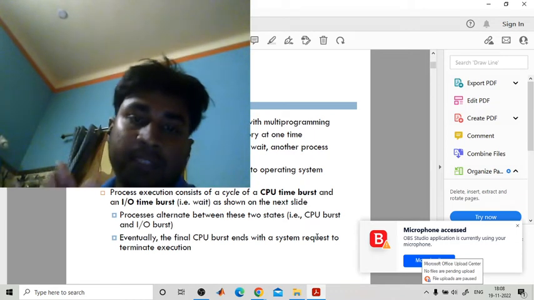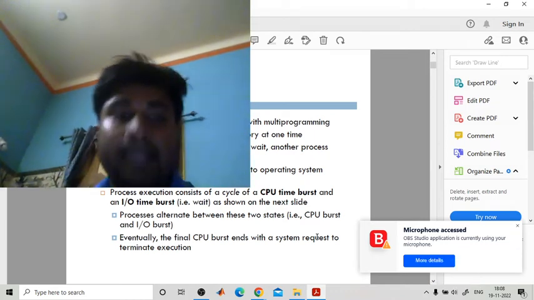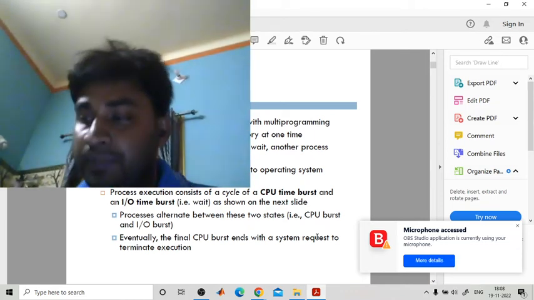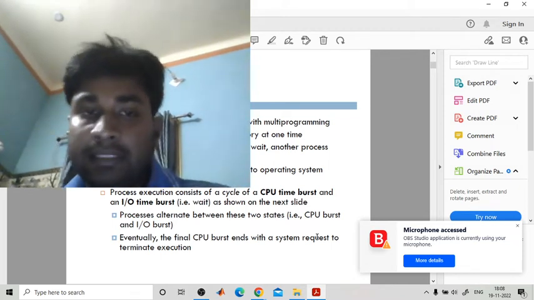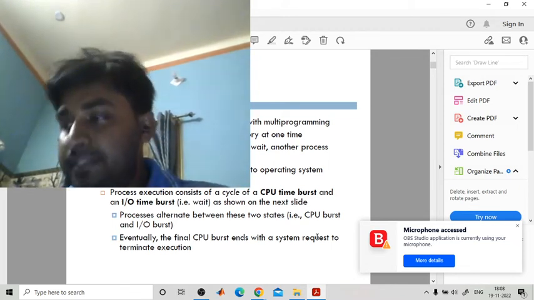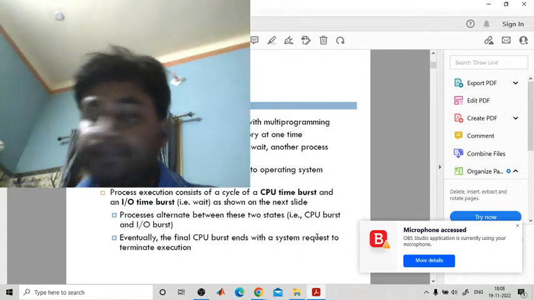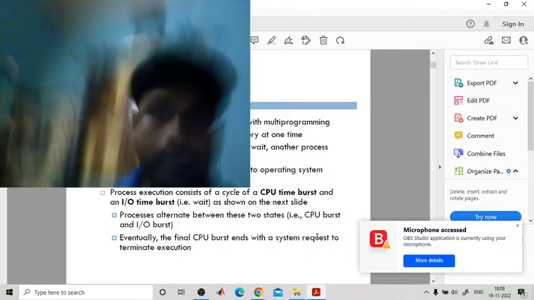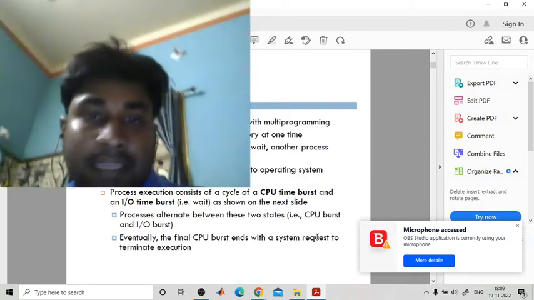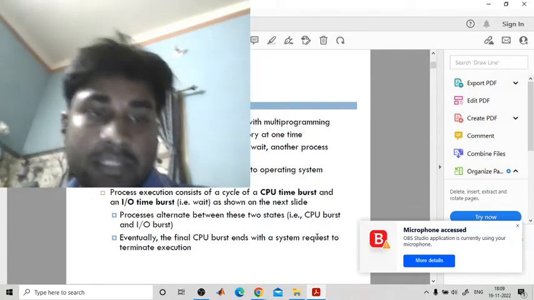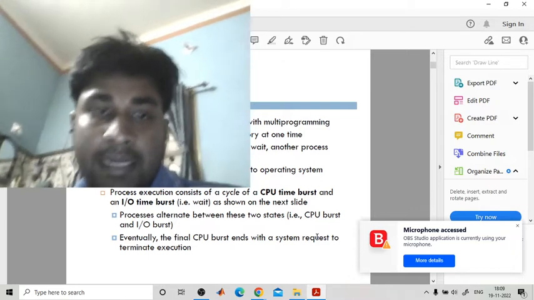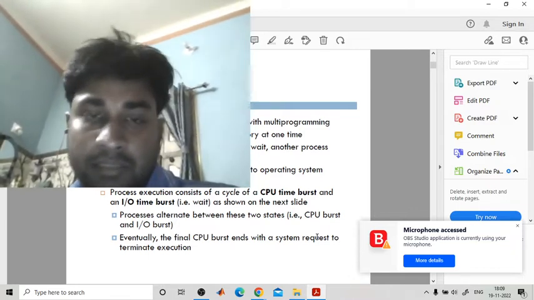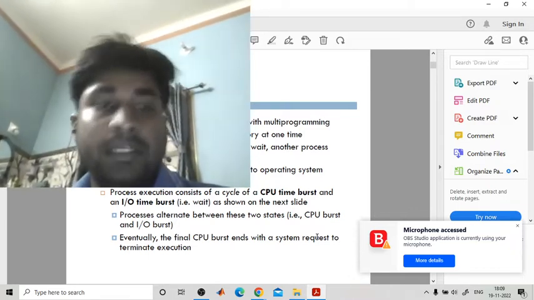Any other process can get the CPU only when the current process has finished its working. So a process has to wait for another process while that other process is using the CPU.